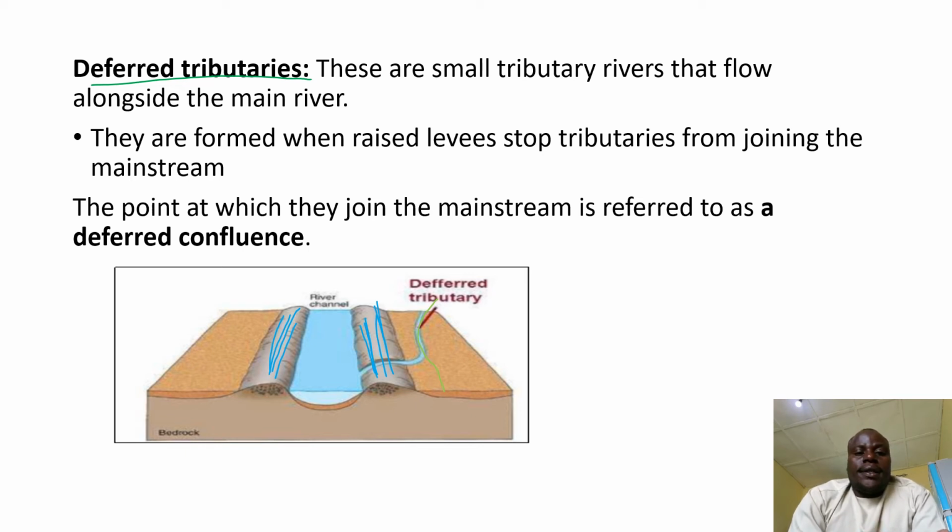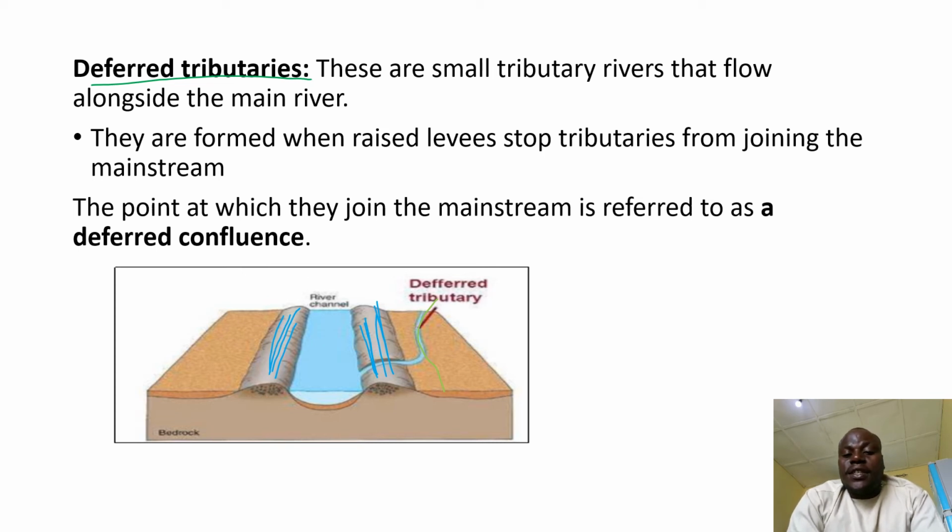And this diagram also illustrates what we call deferred confluence. It is a point at which the deferred tributaries join the main river.